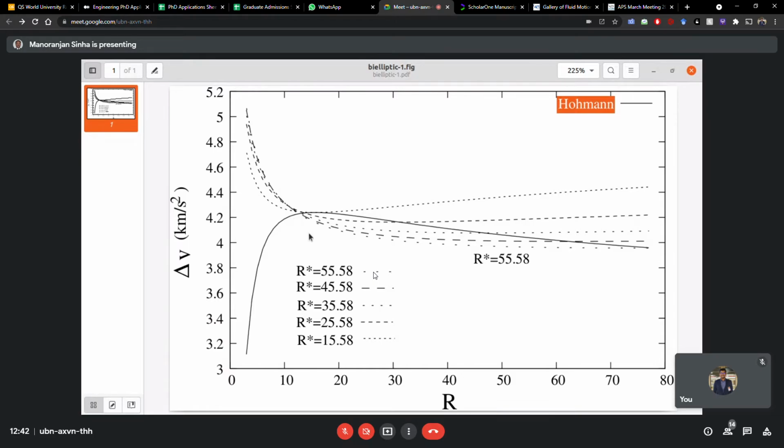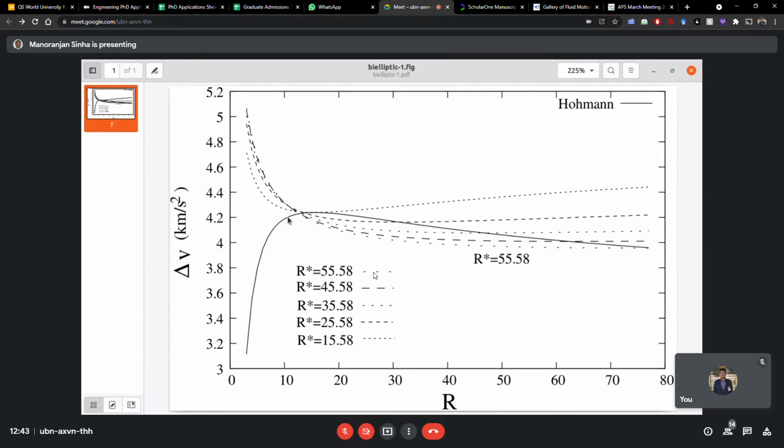Here, what is concluded is that if R star becomes infinity, your bielliptic transfer curve will come a little to this side, from this point to this point. Where it will cut the Hohmann transfer curve can be calculated, and we will do it.